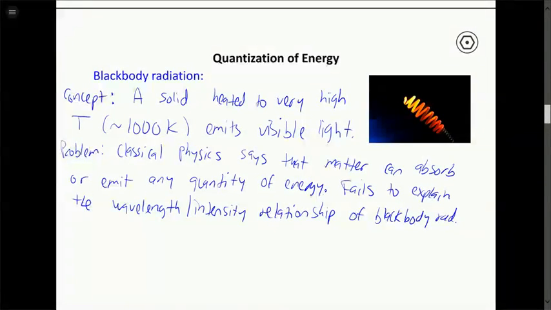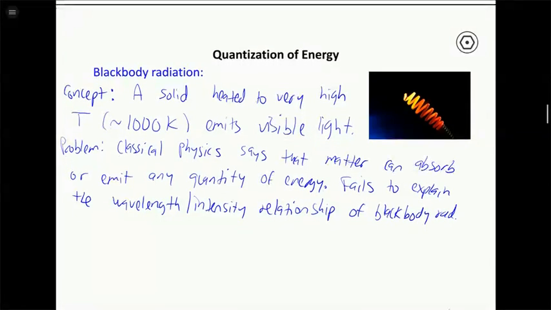We're not going to worry about the details of this too much, but basically classical physics led to the prediction that there would be a lot of ultraviolet light coming off of these black body radiators, but in reality there's almost no ultraviolet light, and there's a peak in the middle of the visible range, and then there's less intensity in the ultraviolet, less intensity in infrared. So they couldn't explain why that was using classical theory.